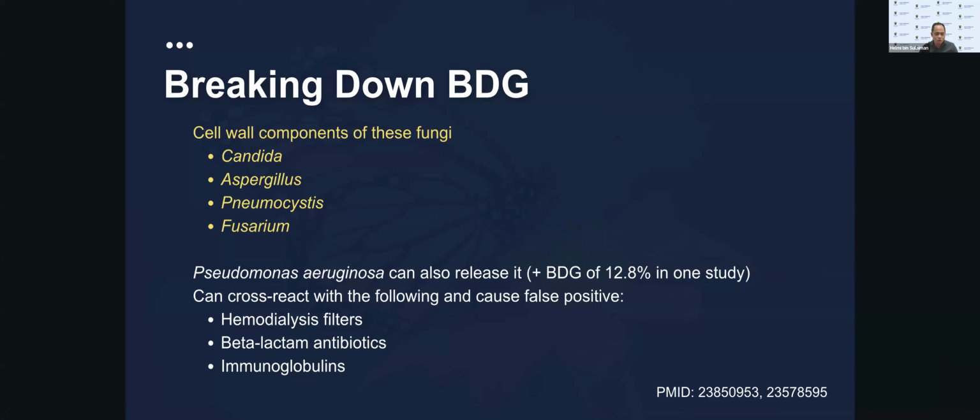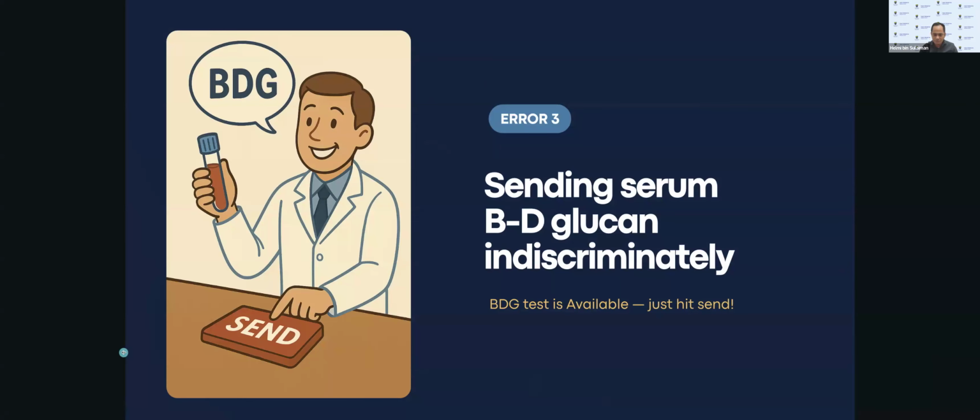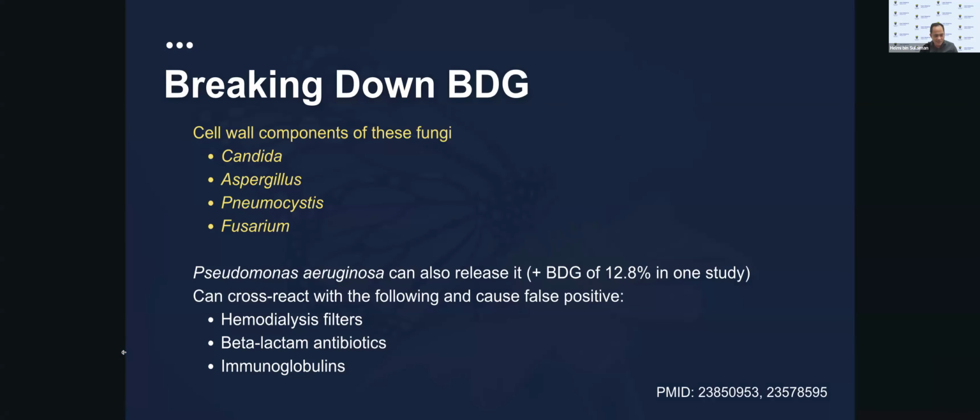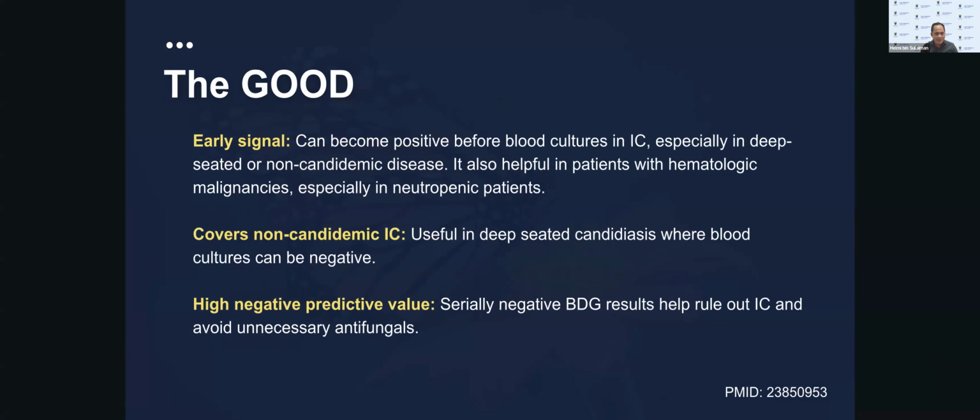And it can also cross-react with the following, which can cause false positivity: hemodialysis filter, beta-lactam antibiotics like piptazo, and the use of immunoglobulin. So before using this, you need to know what can cause a true positive BDG as well as what can cause a false positive BDG. And what are the good things about BDG?